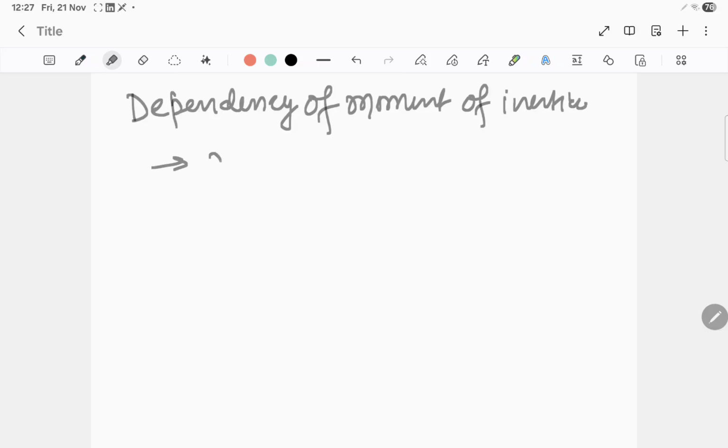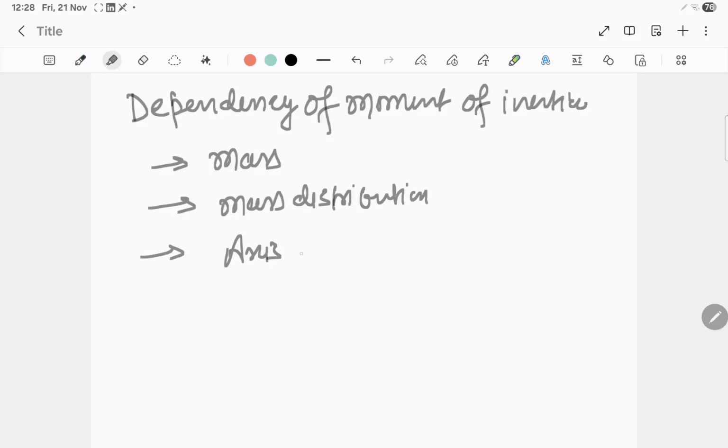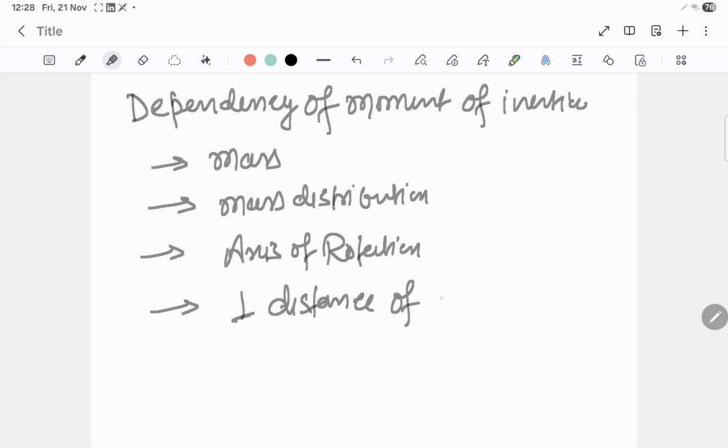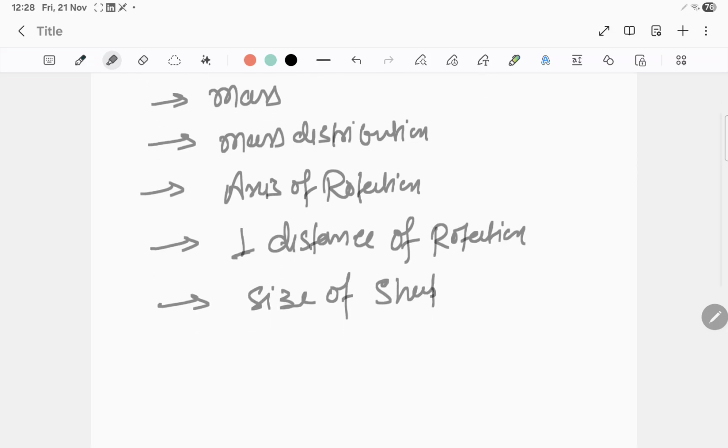The first is mass, the second is mass distribution, the third is axis of rotation, the fourth is the perpendicular distance from the axis of rotation, and the fifth is the size or shape, how the shape is.